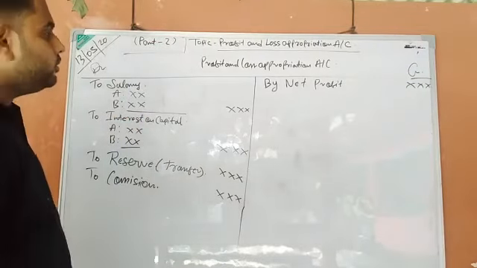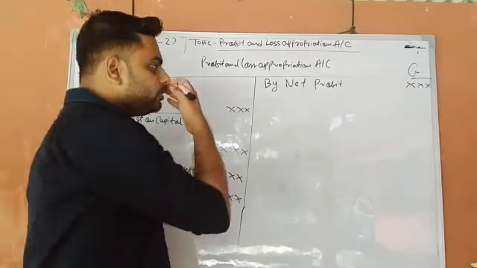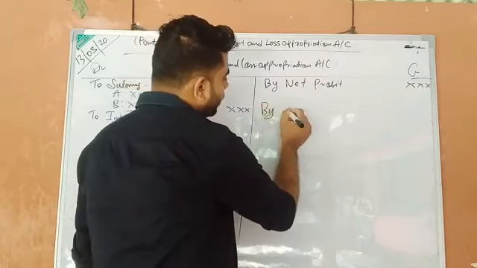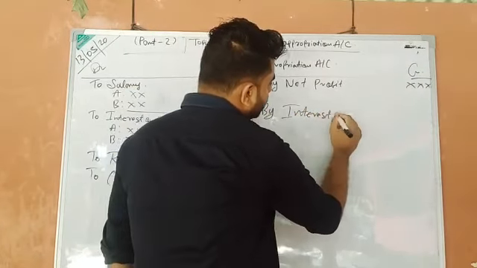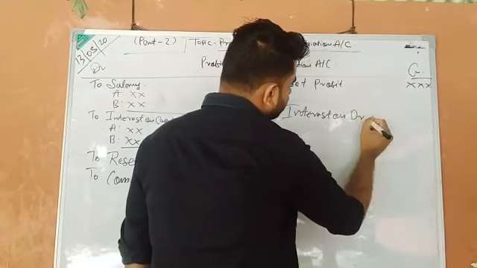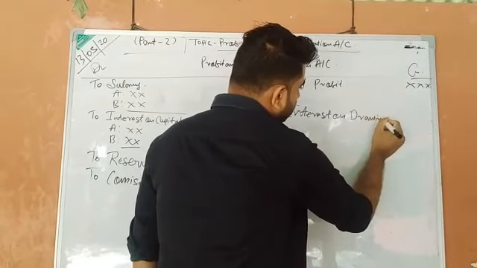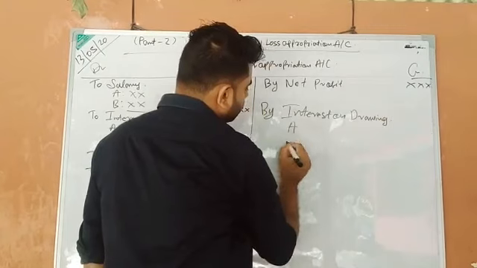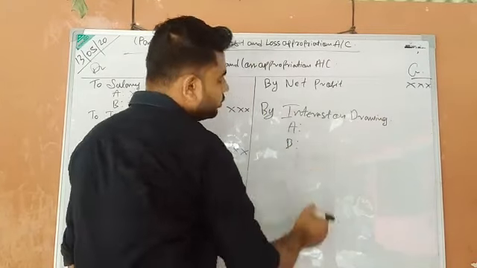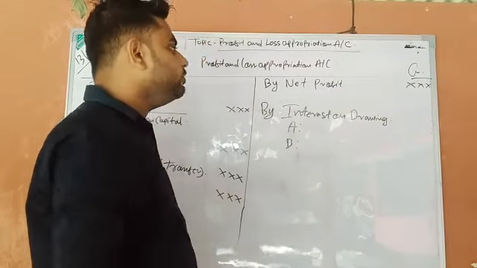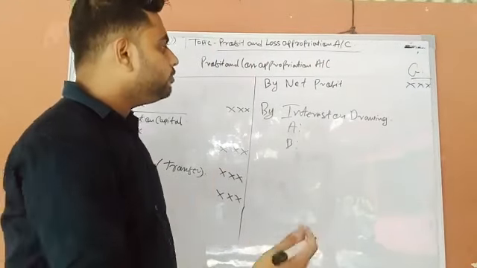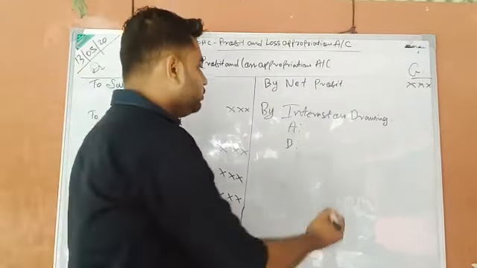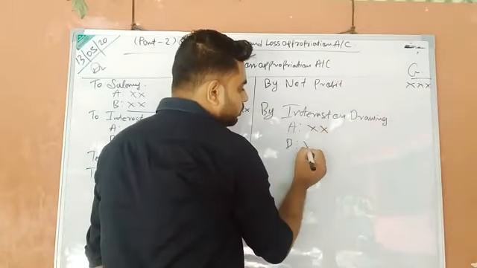And after all this, the main item is by interest on drawing. If A and B both withdraw some money from the business for their personal use, they have to pay interest on drawing to the partnership firm.